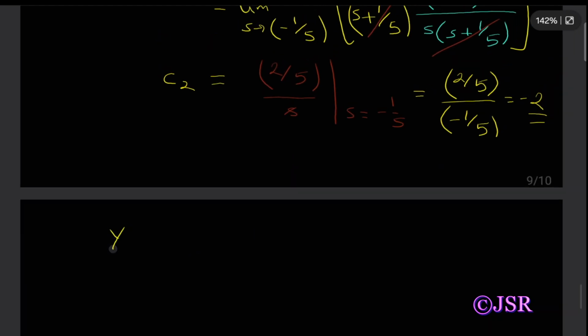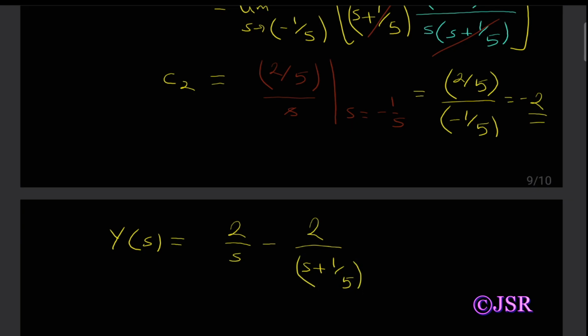So finally Y(s) will be equal to 2 by s minus 2 by s plus 1 by 5, or we can write 2 times 1 by s minus 1 by s plus 1 by 5.